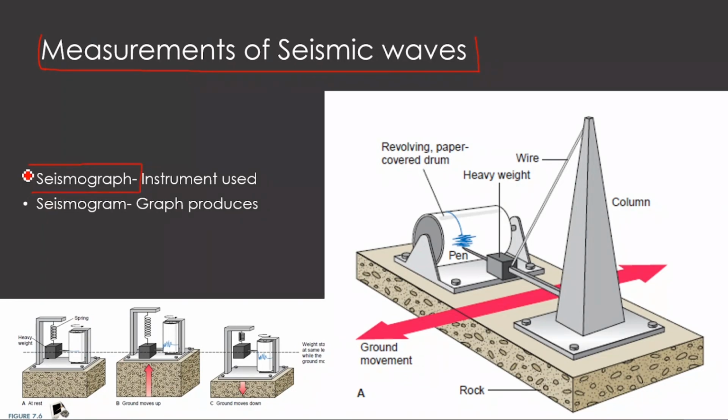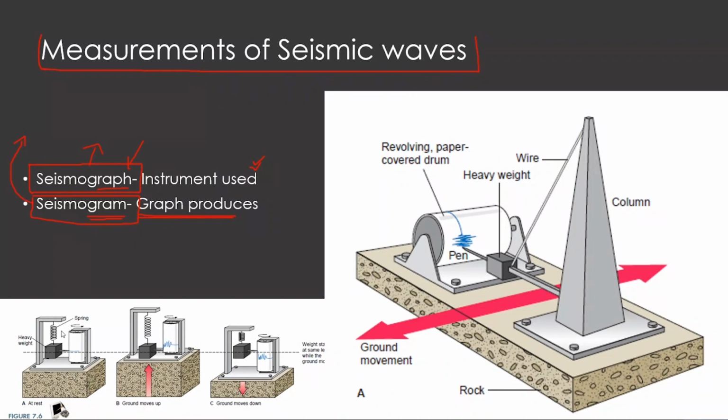Seismic means related to the event, and the seismograph is the instrument we use in measuring the earthquake waves. When you measure these earthquake waves, what we create is a graph, and that graph produced by the seismograph is called a seismogram.